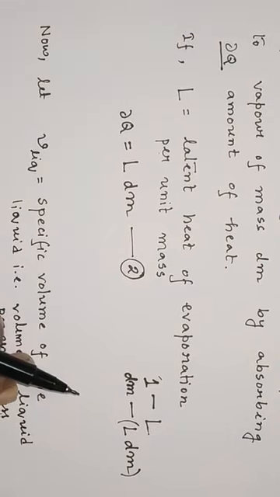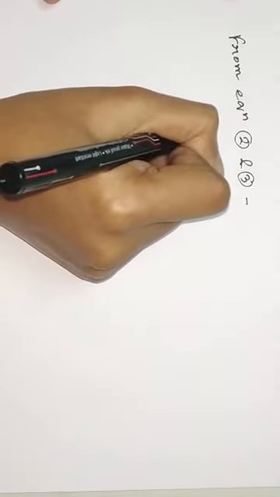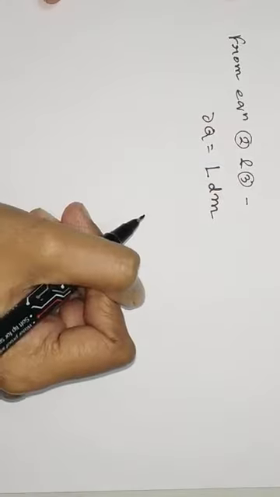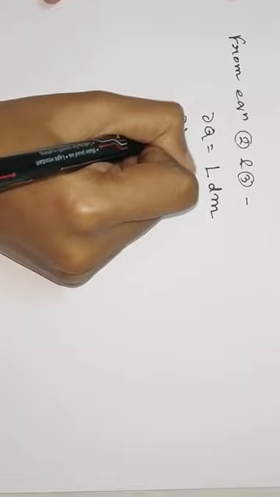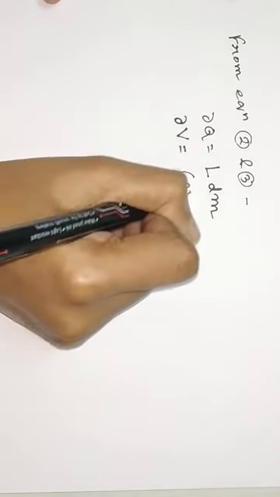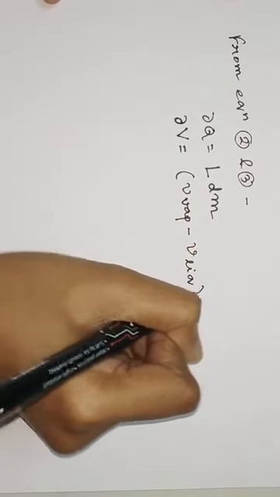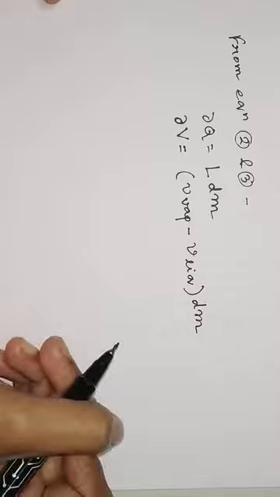So we can say that from equations 2 and 3 we have delta Q equals L dm, and delta V equals (V vapor minus V liquid) into dm.